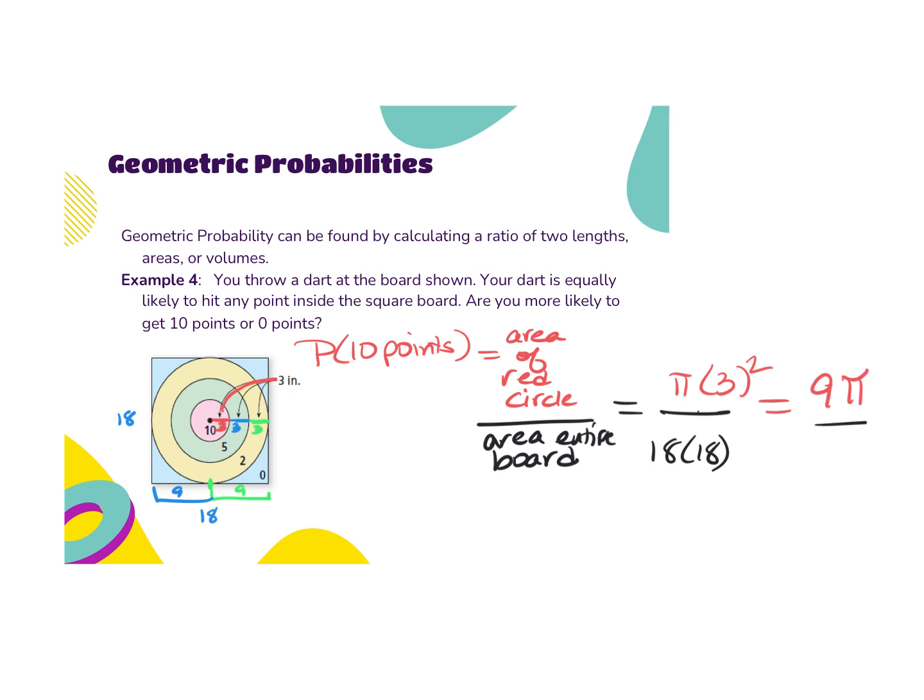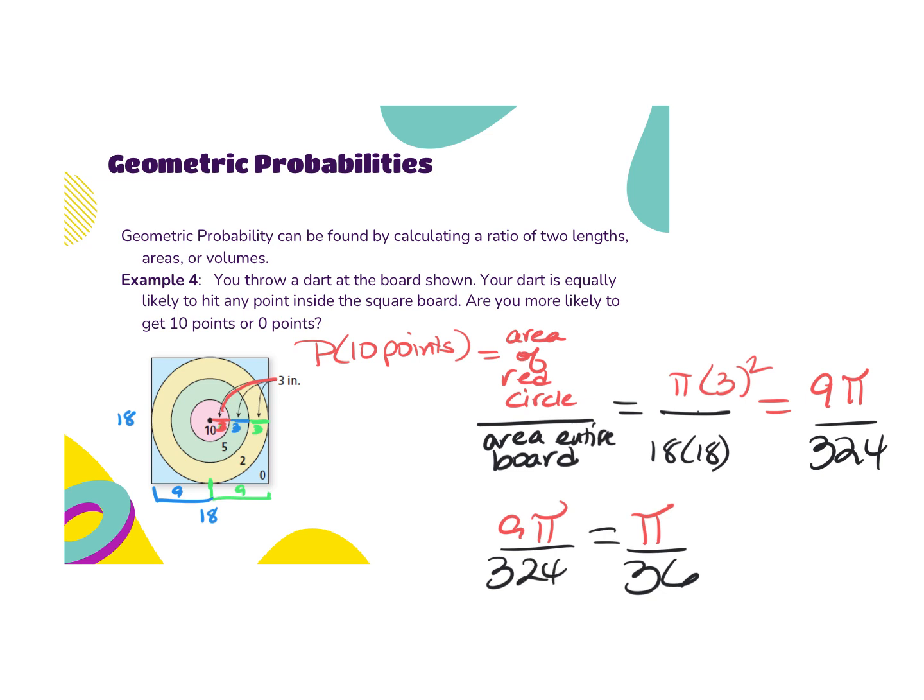18 times 18 is 324. And then I can reduce that, and it's going to reduce to pi over 36, because I can divide them both by 9. So the 9 pi over 324 reduces to pi over 36.